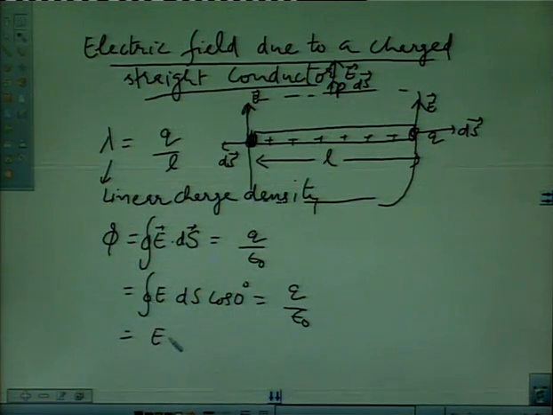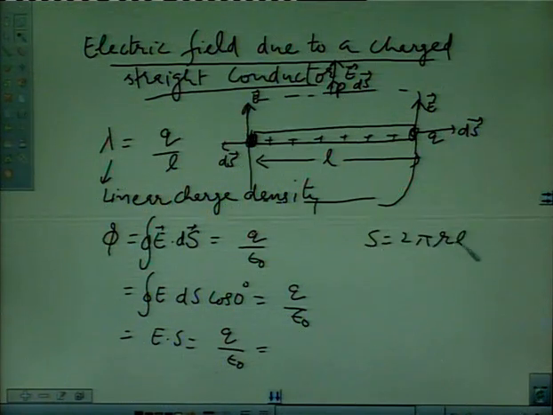So, solving the integral, we have E into total surface area is equal to Q upon epsilon naught. The surface area for this cylinder is equal to 2 pi r L. L is the length of the conductor and r is the radius of the cross section.